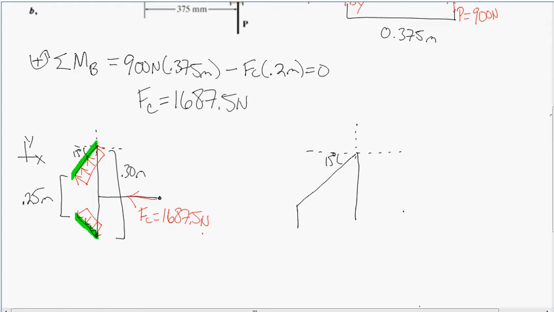And since this is a distributed normal force along the surface, we can approach this similarly to how we approach distributed load problems. So just draw a resultant normal force vector. And this acts at a point that is halfway along the distance of the surface.